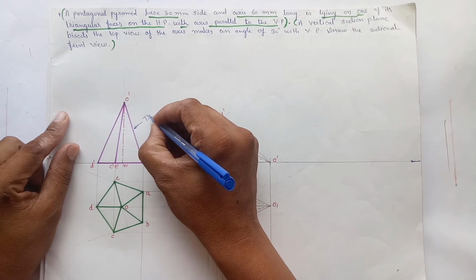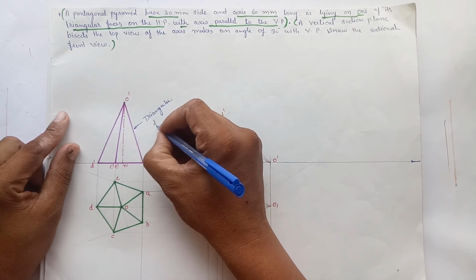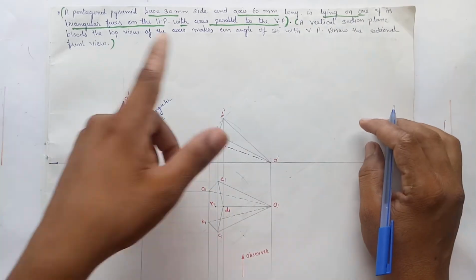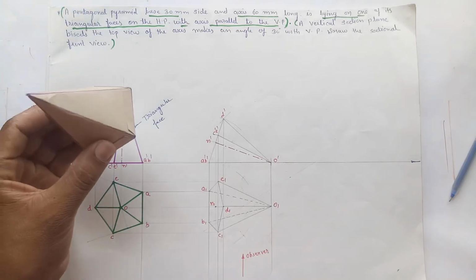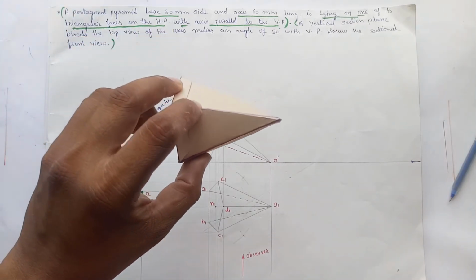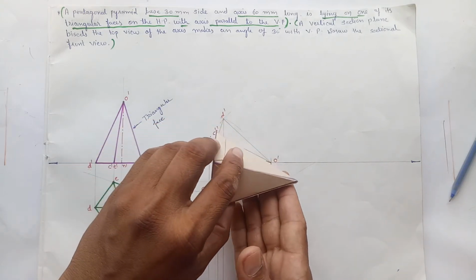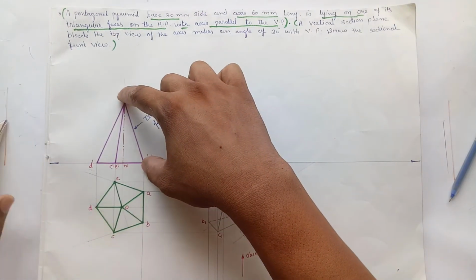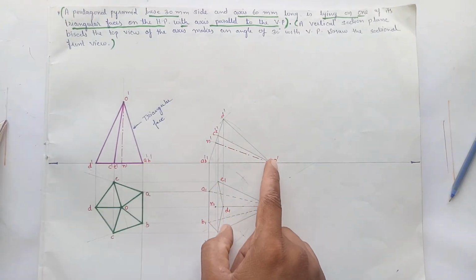That means this is a triangular face, and here it is given that the pentagonal pyramid is lying on its triangular face on HP. So now we have to take the triangular face on HP. So we have to take this edge, O dash A dash B dash, on the XY line.